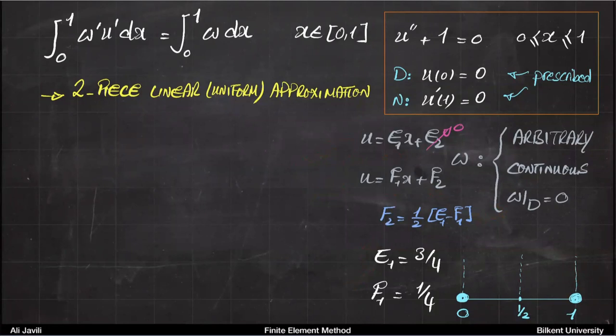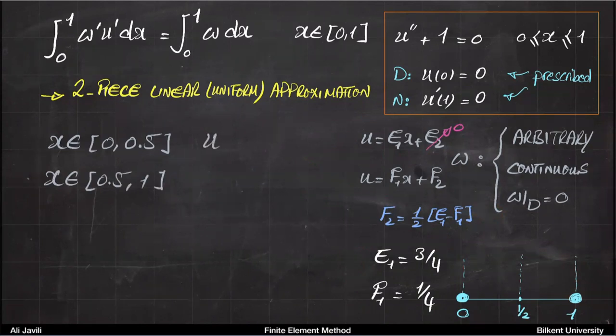So you can say that if X is between 0 and 0.5, so in the first half, and in the second half, you can just insert those parameters and you would have your displacement function U. So E1 is 3/4, and that is basically your U for the first half.